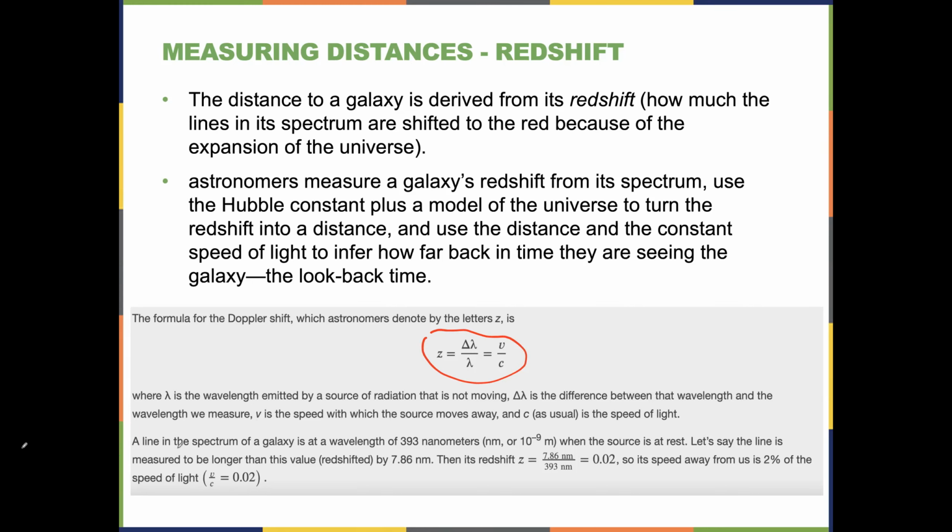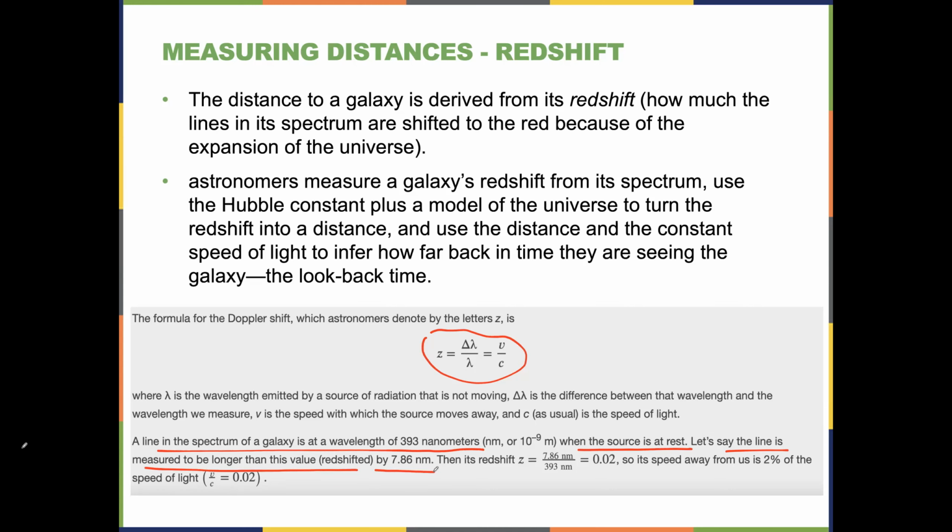Now I have given an example here. If you have a line in the spectrum of a galaxy at a wavelength of 393 nanometers when it is at rest, that means the normal condition. Now let's assume that this line is measured to be longer than this value, that means redshifted by this much amount.